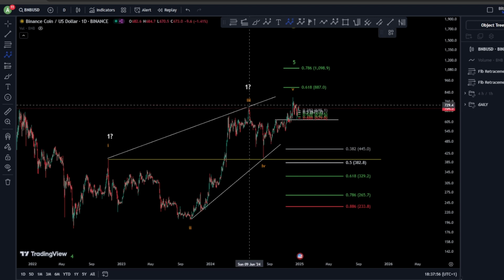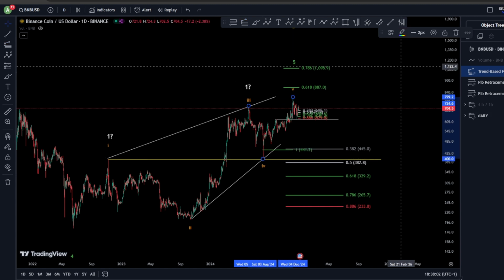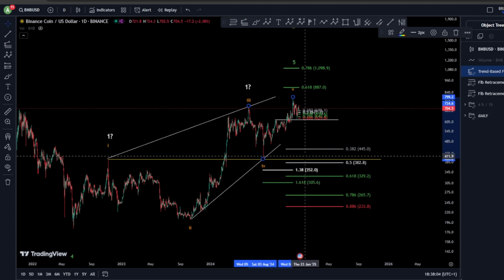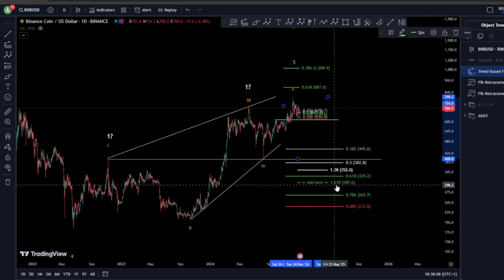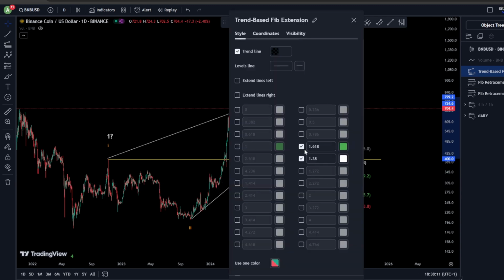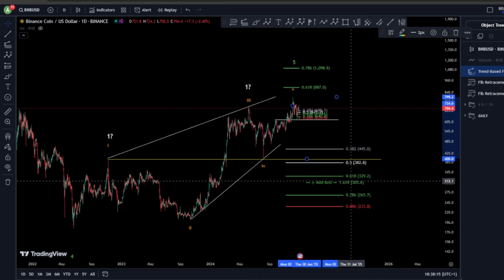With this ABC, you would like to see, let's take the target of an expanding flat here. So let's see the confluence between both. Yeah, we see confluence between the 0.618 and the most common target for an expanding flat for a wave C inside the green box.